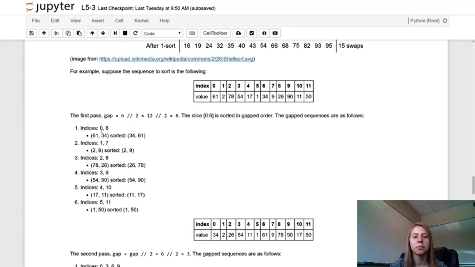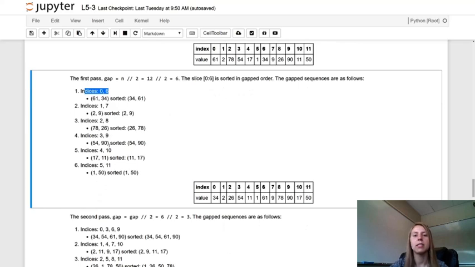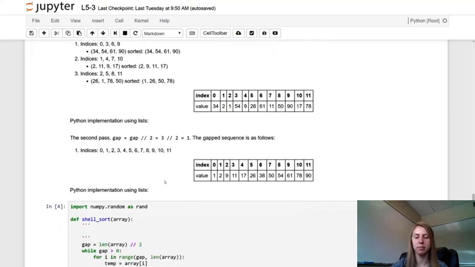But it goes through each one of the gap values, what the indices are, meaning what are the items associated with those gap values, and how insertion sort is used to sort each gap. And eventually the gap will become 1, which would mean that what's left to sort is the entire list in sorted order.